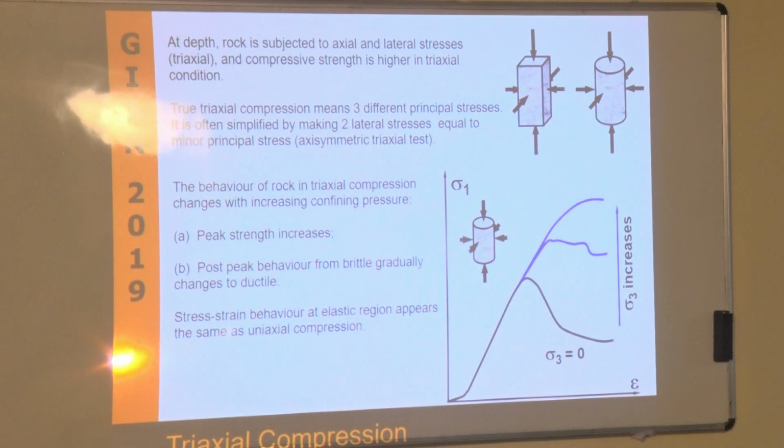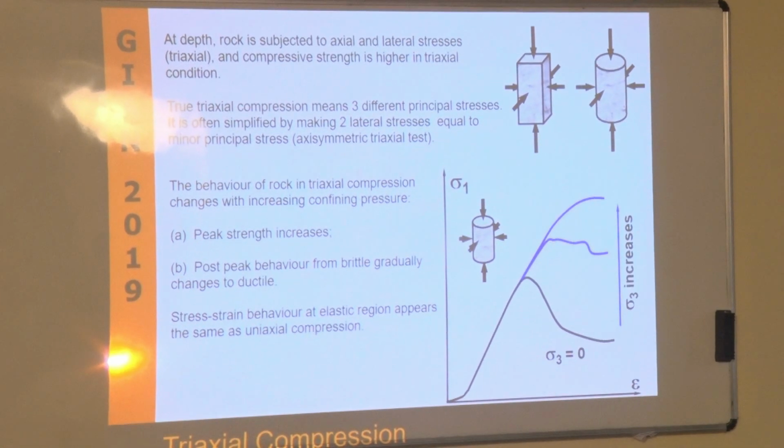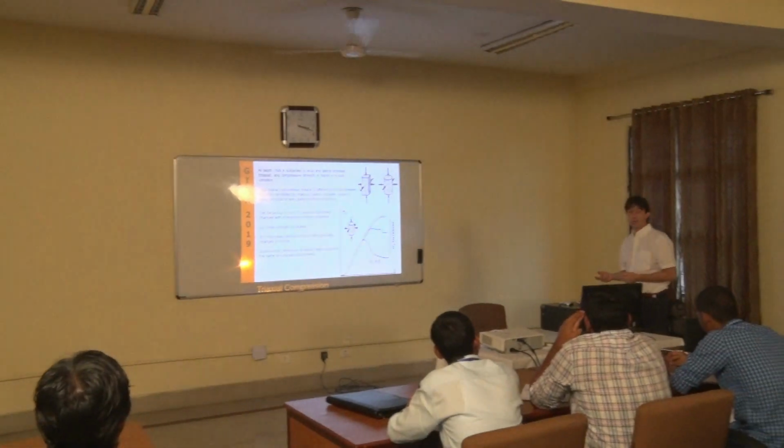Of the types of tests you have just learned about, there are two that are really commonly used: the UCS, uniaxial compression that we saw before, and then the triaxial test.